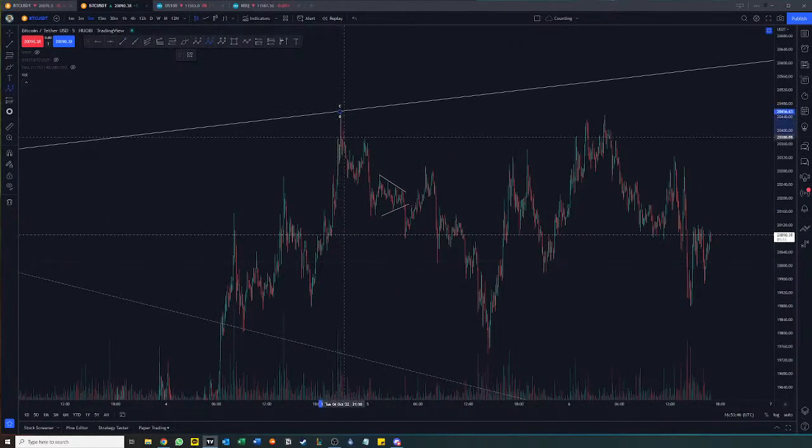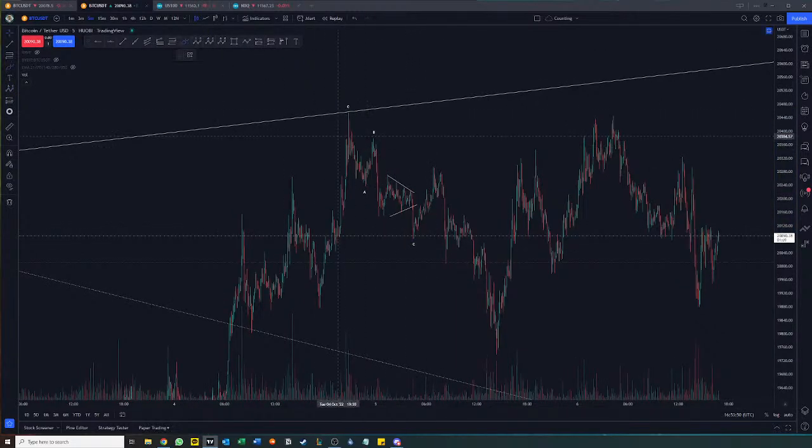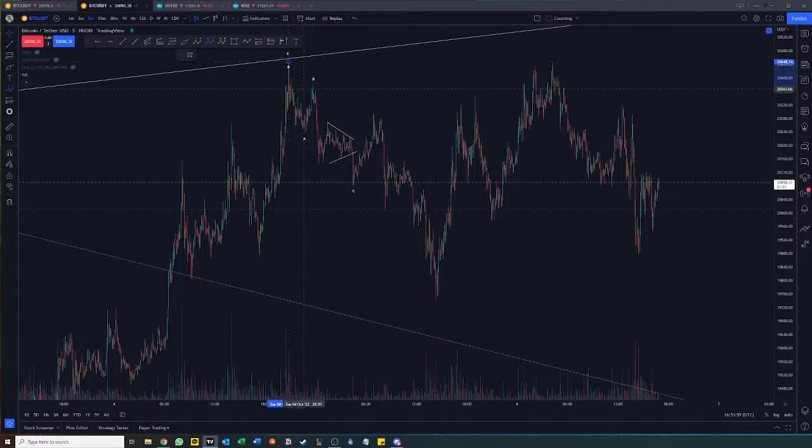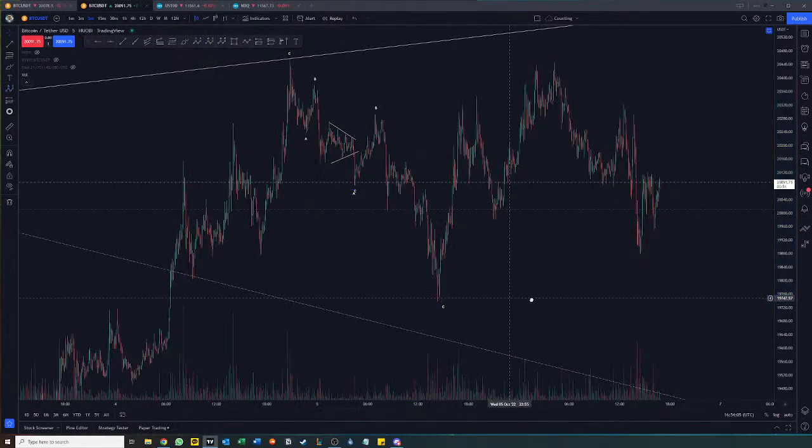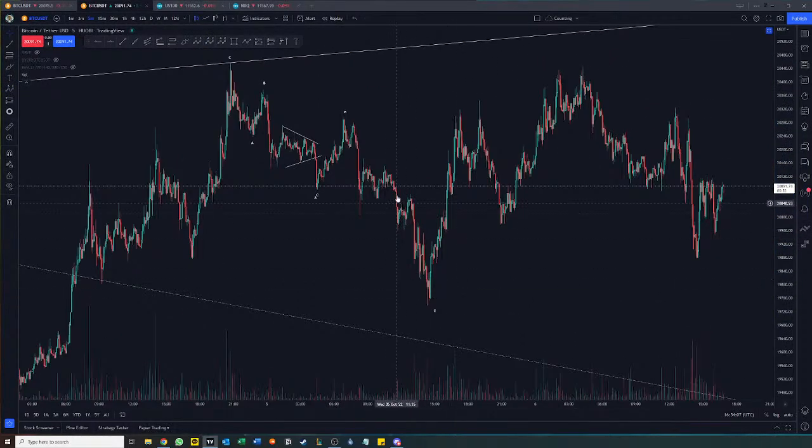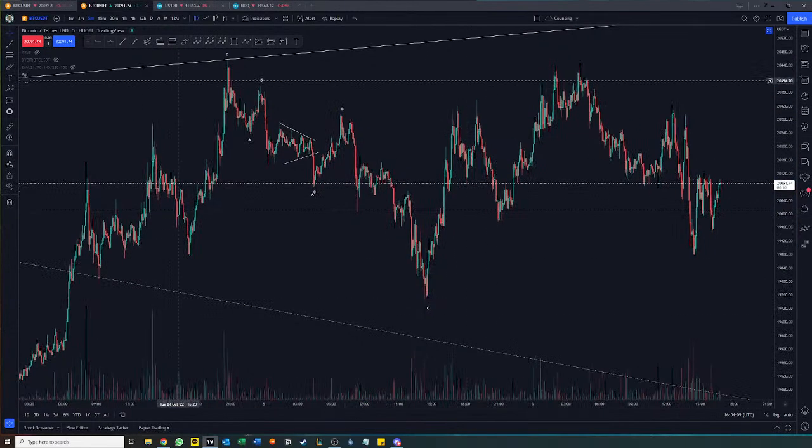It is probably A B C, 1 2 3 4 5. And then this is probably A B 1 2 3 4 5 as an ending diagonal.